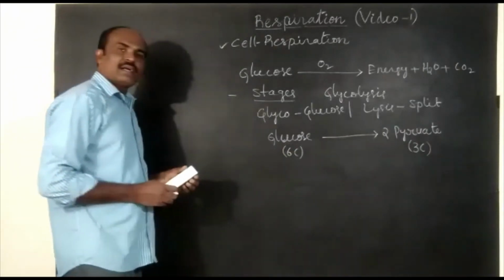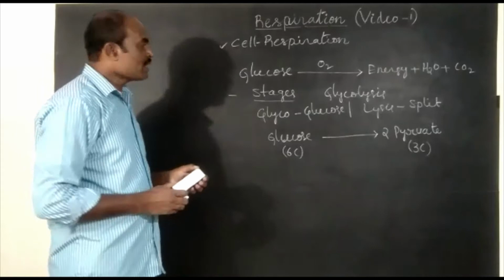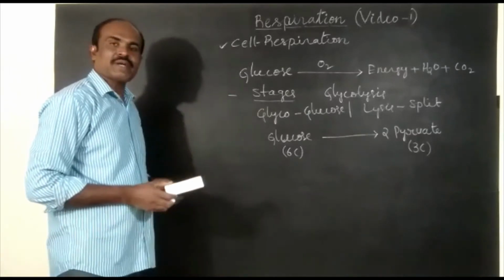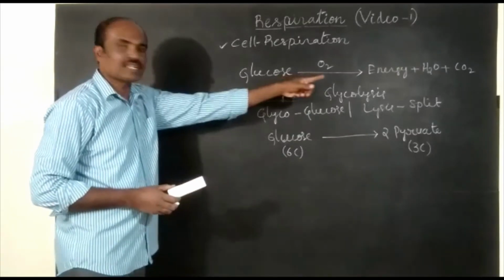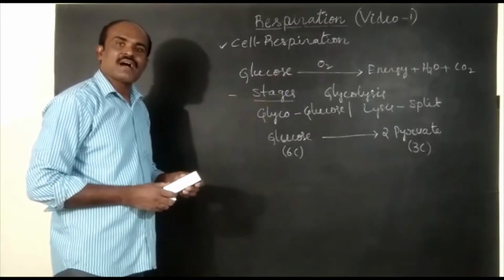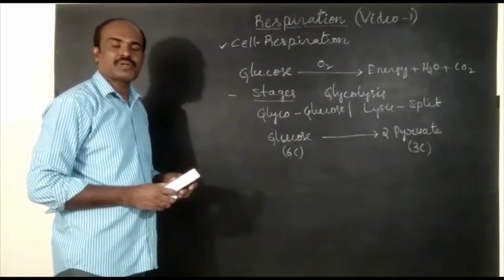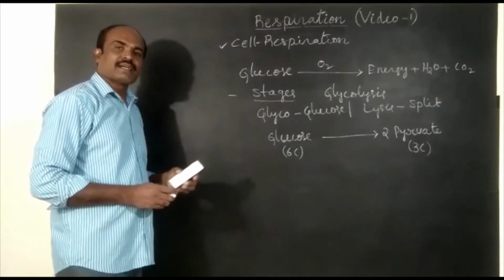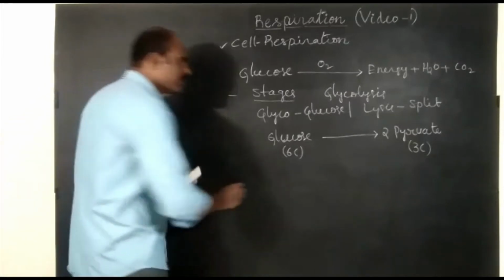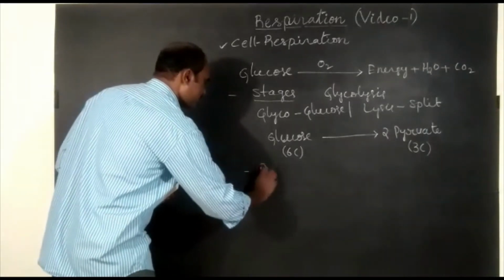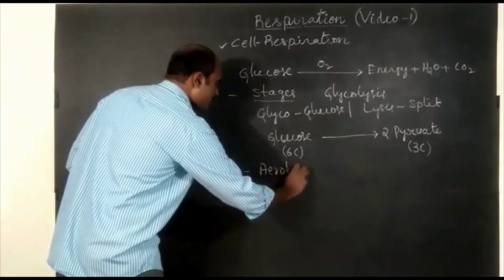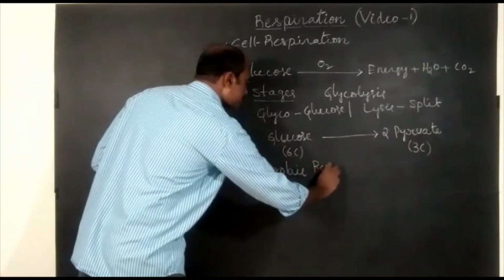Now let us study next stage. What is the next stage? How is energy released and how is energy stored? Let us study one by one. Next stage is aerobic respiration.